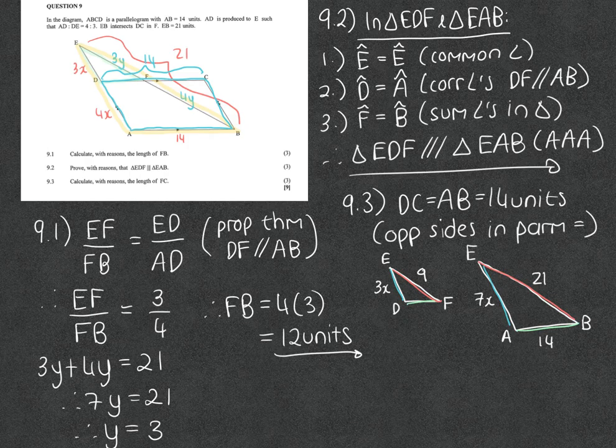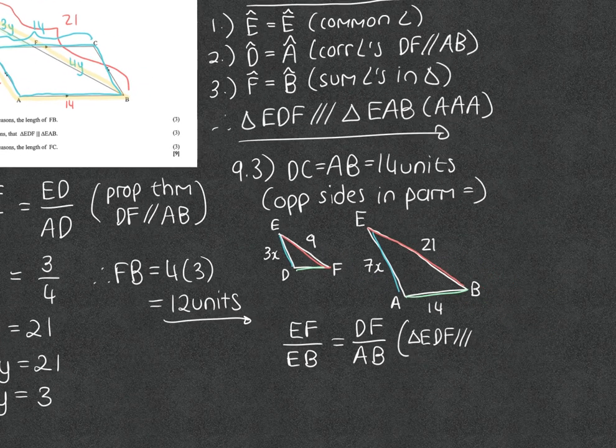So if I take EF over EB is equal to DF over AB. I'm going to take that from the similar triangles I proved earlier. So triangle EDF is similar to triangle EAB, that's where I'm getting this ratio from.